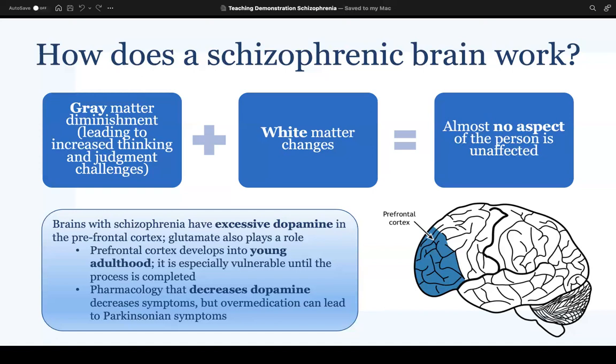And so you can impact the symptoms by impacting dopamine. That also means that if you increase dopamine, so something that you already have in excess, if you make it more excessive, you're going to make symptoms worse. And we'll come back to that in a minute.